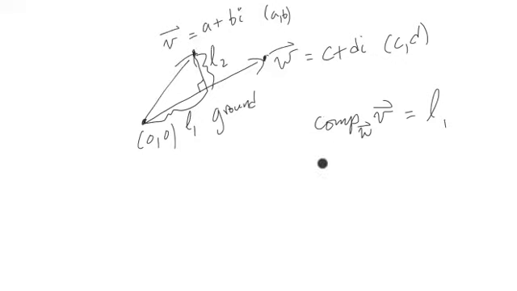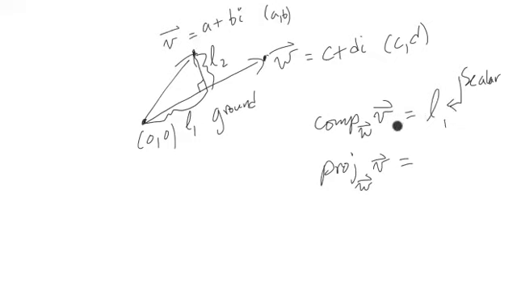Another notation for this is we could write the projection of v onto w, but this notation is different because the first notation is a length, and lengths when we're dealing with vectors are often called scalars, because you can multiply a vector by something to rescale it by a number, and so numbers are called scalars when we're talking about vectors.